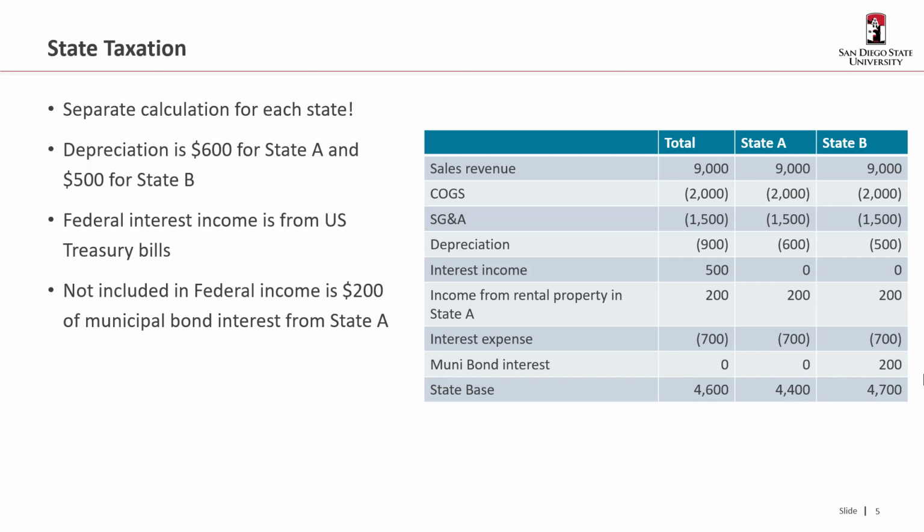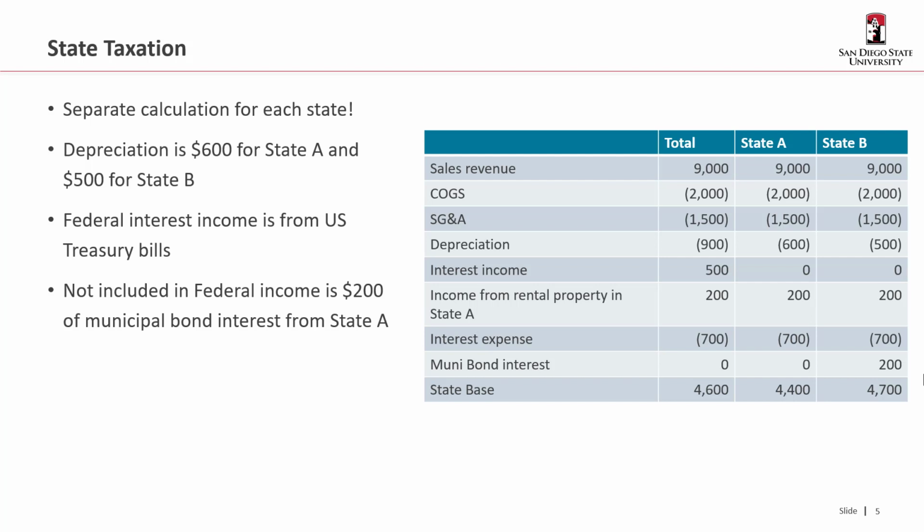Let's say in our example, depreciation is $600 for State A and $500 for State B. We've got some interest income from U.S. Treasury bills. And we have some additional income of $200 on municipal bonds that, of course, is not included in federal taxable income because it's not taxable federally, but it may be taxable at the state level. So we recalculate that total taxable income for State A and State B separately.